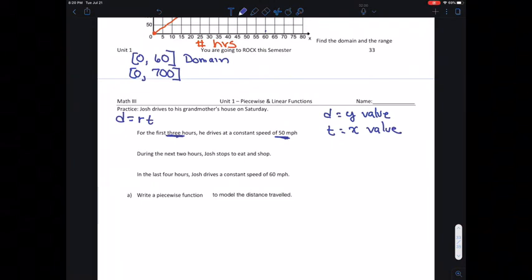Distance is our output, time is our input. So if I travel 3 hours at 50 miles per hour, the distance that I would travel would be 50t. And I'm doing that for 3 hours, so I'm going between 0 and 3 hours.